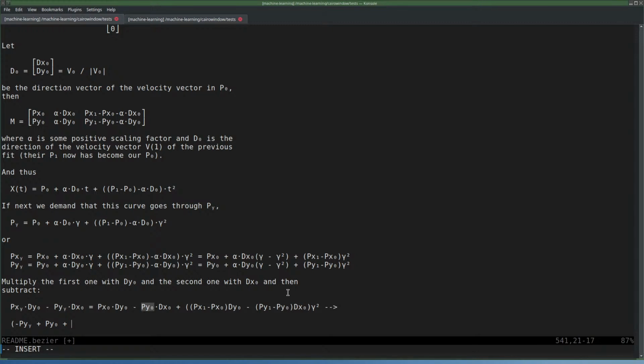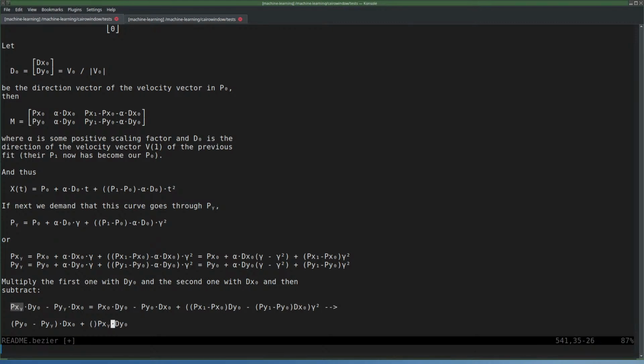Can't combine gamma 0 with that. So it is this minus that times dx0 plus something times dy0, of course, which then is equal to that, I guess.